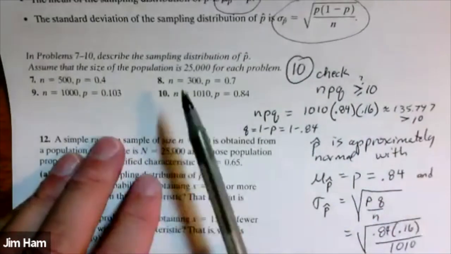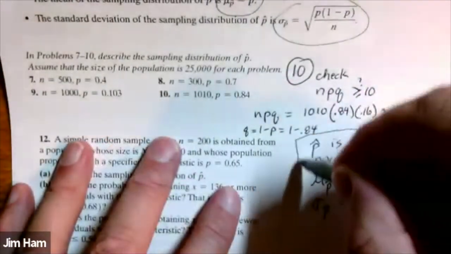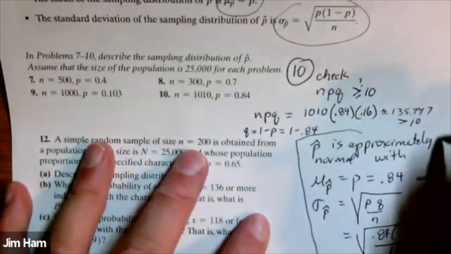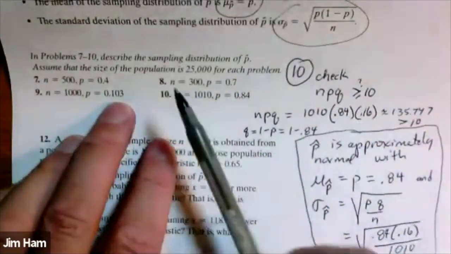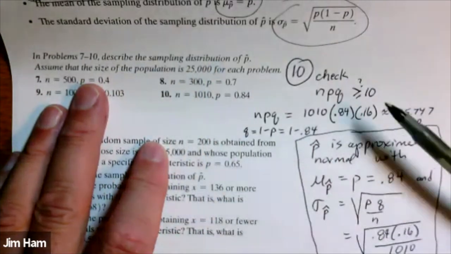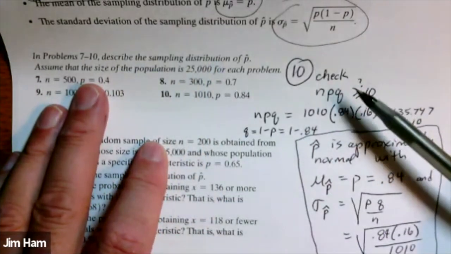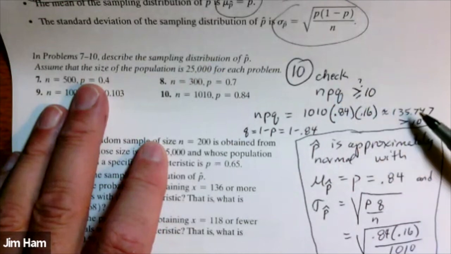All right, so the answer up here is all of this and basically this work right here. Here's your answer. It says, describe the sampling distribution. We check to make sure that the sample size is large enough by confirming this formula. We see that n times p times q is larger than 10.